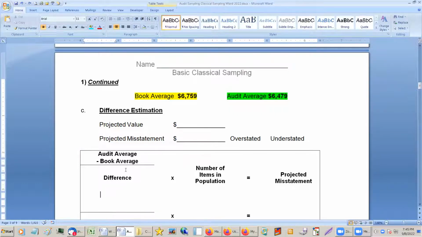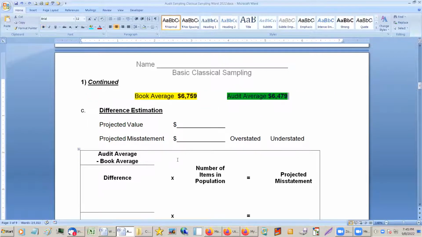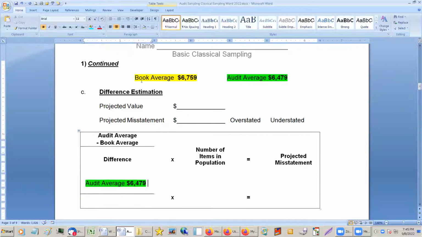Okay, so let's take the book average, oops, audit average, do audit first. And then take the book average. And this will give us a difference. So the difference is.